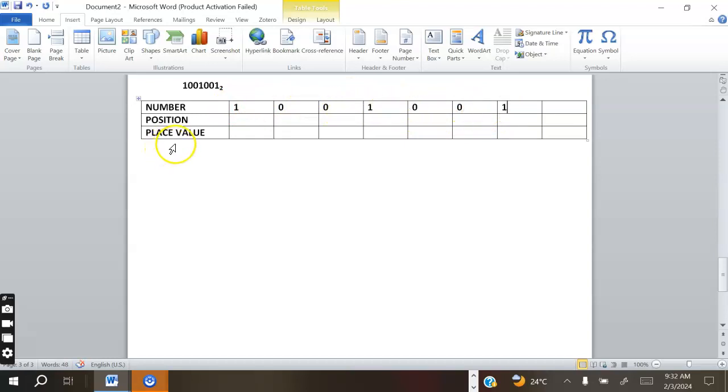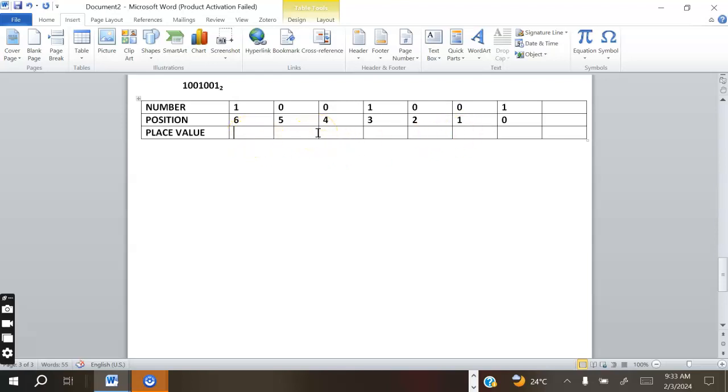Okay, the position, this is position 0, 1, 2, 3, 4, 5 and lastly 6.